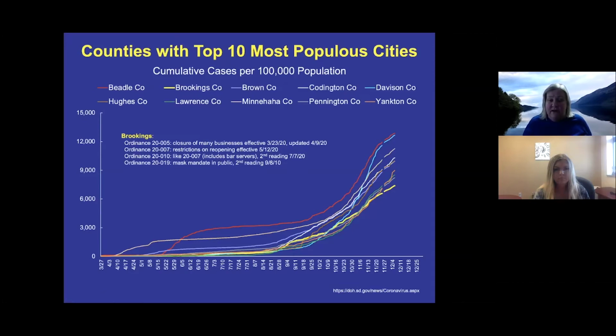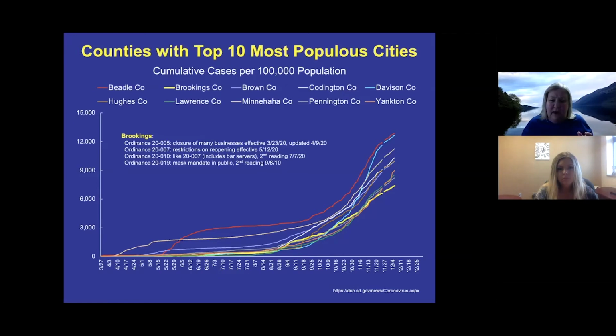So the mandate passes here, and people have said, oh, but it obviously didn't work because you still had cases afterwards. And you can see that we did. This line is going up, which means there are more cases being added to it. If it had completely stopped it, we would just be flat. But it didn't. But it did slow it down compared to what was going on in these other counties.